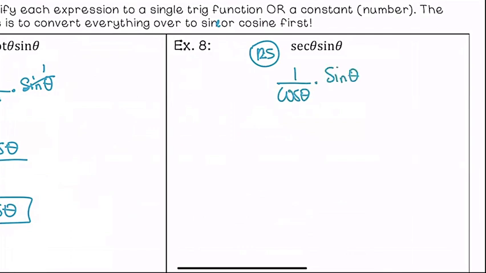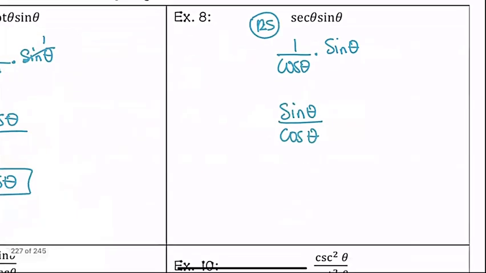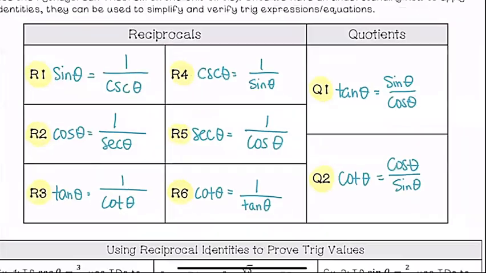Now, there's nothing I can cross out here, so I am just going to simplify. Multiply across top, multiply across the bottom, just like a normal fraction. 1 times sine is sine. On the bottom, I got cosine. Now, this is not just one ratio. I could keep simplifying. I have sine over cosine, so what I'm going to do is look back over here and see if there's any way to simplify that down to just one ratio, because I know I'm supposed to be able to.